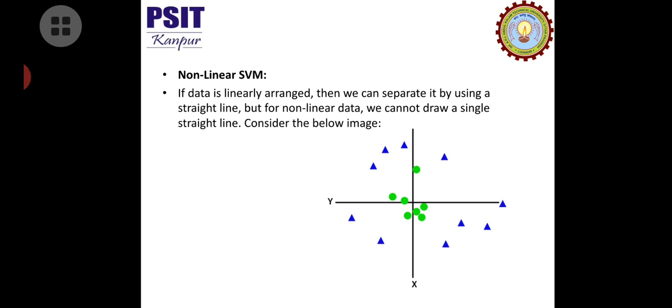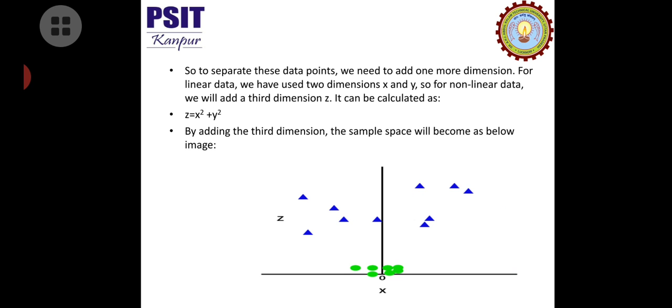We cannot separate two classes with the help of a straight line. Again, we have two data sets, blue color and red color. Are you able to separate these two data sets with a straight line? No, right? Because it's nonlinear data.